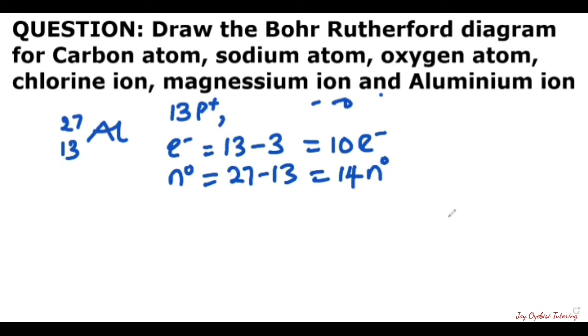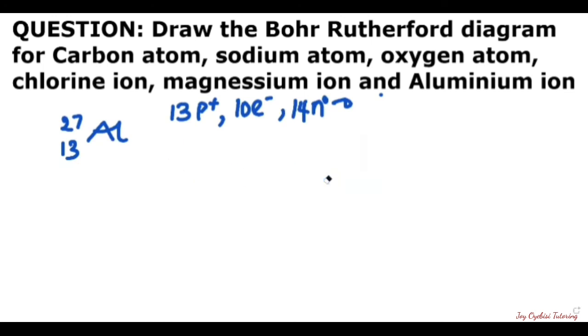So now we have this information. We go ahead to draw out the Bohr-Rutherford diagram. Okay, so we have the inner one with this information: 13 p plus and 14 neutrons. Then we have this.